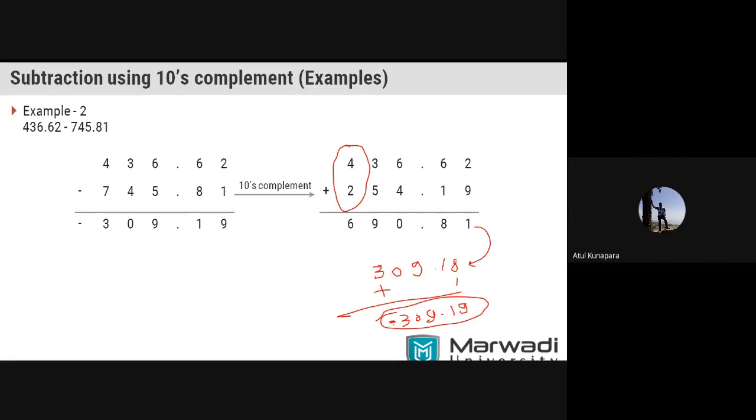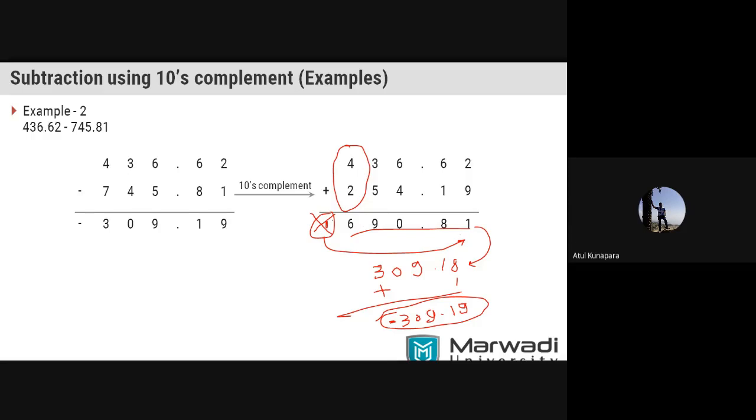So remember that in nines complement form method, if you are getting the carry generation when you are adding the numbers, then that carry is required to be added into the answer. But if it is a tens complement form method, then you just ignore that carry and whatever answer you're getting, that is the correct answer.